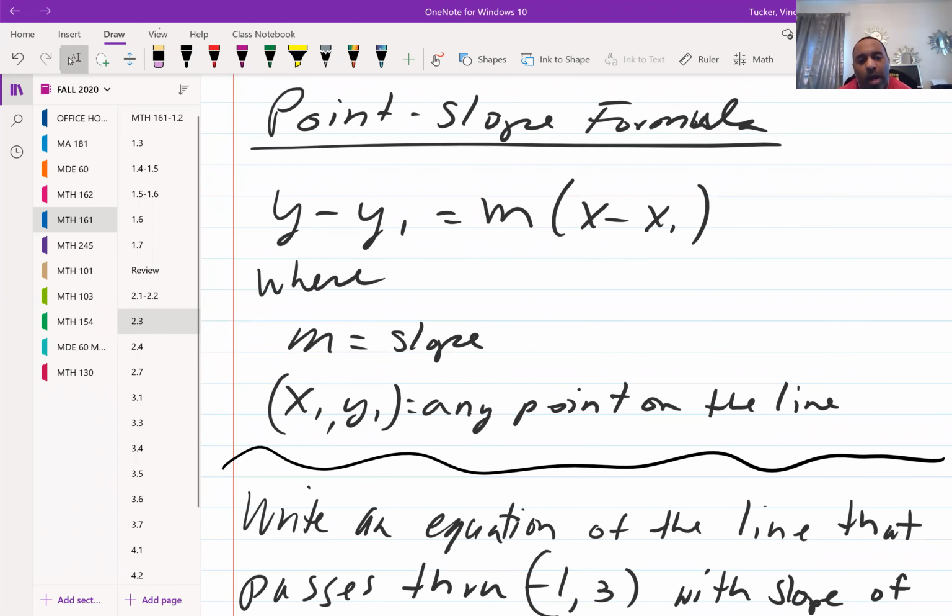Point slope formula: y minus y1 equal to m times x minus x1. Our slope is m, and then (x1, y1) is any point on the line.